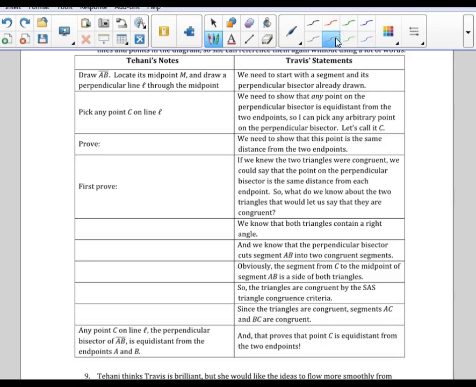But we were trying to prove that line segment AC was congruent to line segment BC. And we first had to prove that triangle AMC was congruent to triangle BMC. And if we know that both triangles contain a right angle, then we can say that angle CMA and angle CMB are right angles.